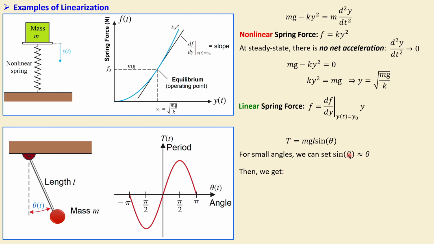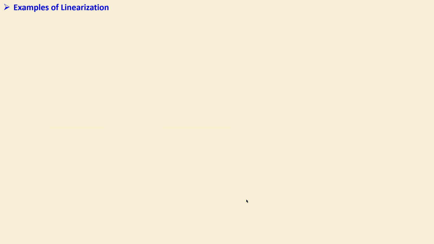So we can say sine of theta is close to theta. You can also check it for yourself. So sine of 0.1 is close to 0.1. Sine of 0.2 is also close to 0.2. But if you go to, for example, sine of 0.8, it's not very close to 0.8 anymore. So we have some limit, actually, after some value of your theta. Then we get this: T is then equal to mgl theta. So that is then also linear.